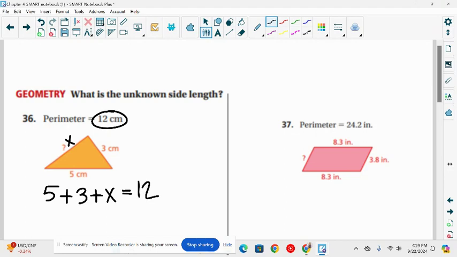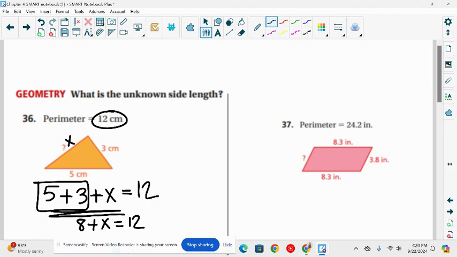So how am I going to solve for the missing side? Well, I have to follow order of operations and do my inverse, but is there anything I can combine on this side of the equation? Yeah, our constants. I can combine 5 and 3, which gives me 8. So now I have 8 plus x equals 12.